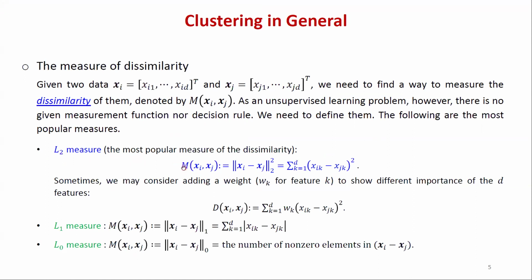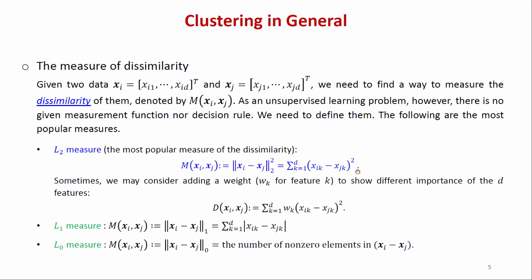So this M means a measure function for 2 data points, xi and xj. I want to use the L2 norm to define the dissimilarity. Of course, the smaller the distance, the more similar they are. The bigger the distance, the more dissimilar they are.